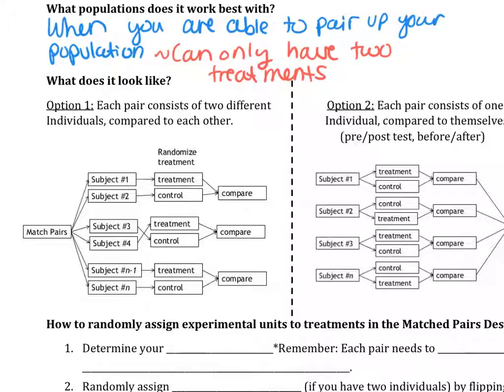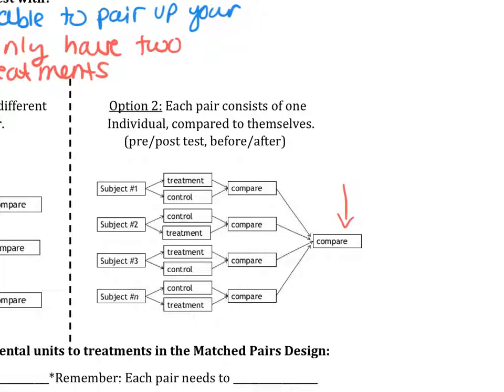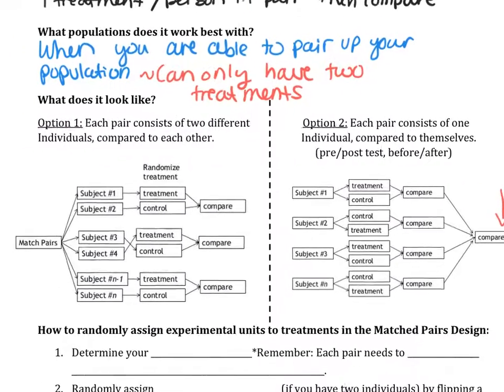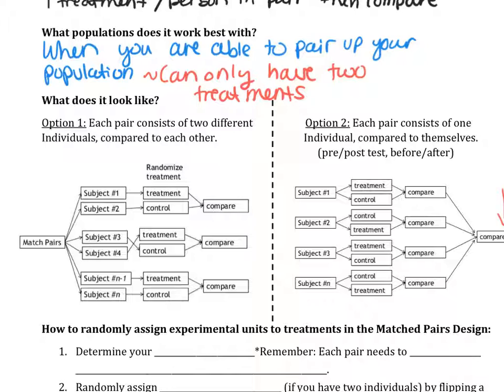So comparing across pairs here doesn't make sense, but when it's just you being compared to yourself, one individual at a time, you can do the big comparison at the end. Okay, so again, main thing is either two individuals, one person gets one treatment, the other one gets the second, or it's like a before and after with one person.